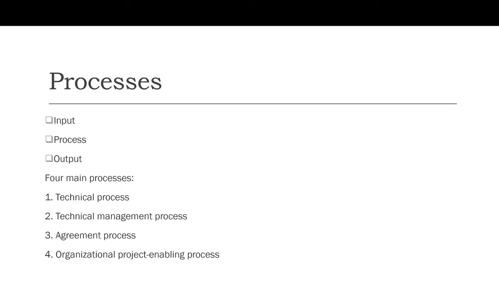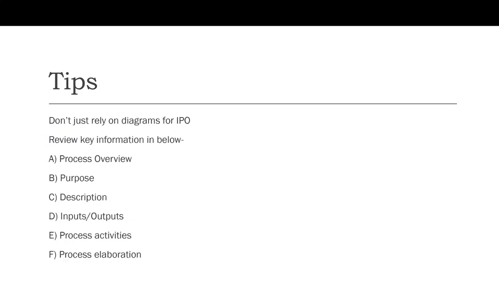That's where these controls and enablers come into the picture, from the organization point of view, and from the other laws and regulations point of view as well. So for the tips, let's look into the tips for this chapter, and I think this is the last one that I will be covering in today's video. The tip that this chapter conveys to the readers is that we shouldn't just rely on those IPO diagrams.